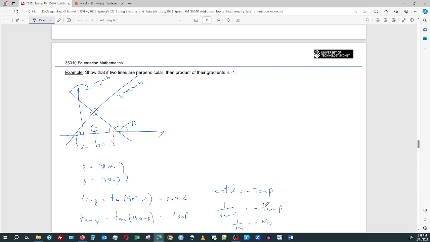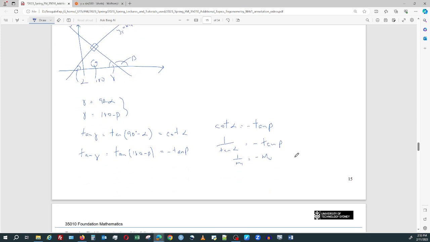If we solve that, or at least rearrange, we will get mt times mn is equal to minus 1, which is our very much used equation for gradients. Alright, that's just about 20 minutes, so we'll come back to the next one after this. Back soon.